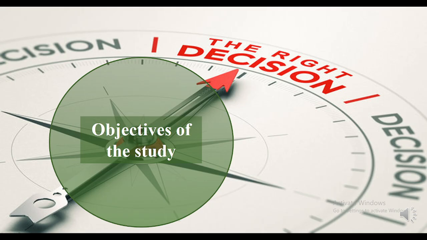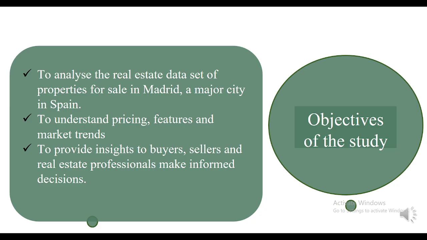So what is the main objective of the study, and the intention behind this analysis? Finally, we need to analyze the real estate data set of properties for sale in Madrid, one of the major cities in Spain. We also need to understand how the features of the property influence the pricing and the market trend.